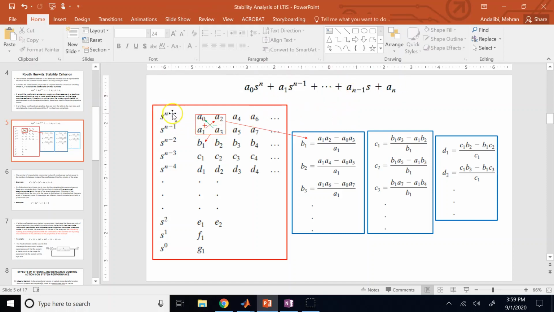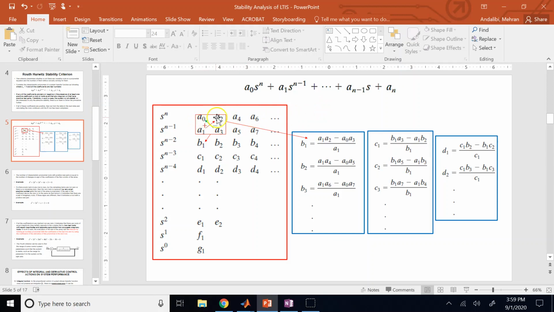So the first row of the table starts from the leading term, a0. Every other term you put the coefficient down on the first row until you get to the very end of it. So we start with a0, then go a2, a4, a6, all the way to the last coefficient that you can reach.